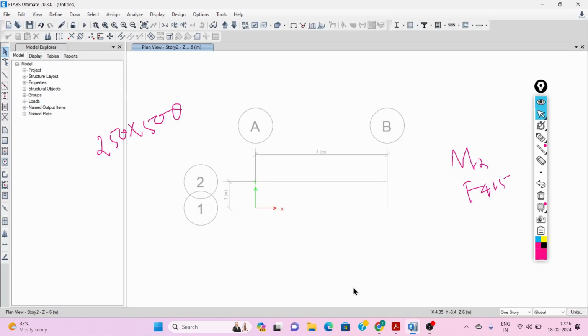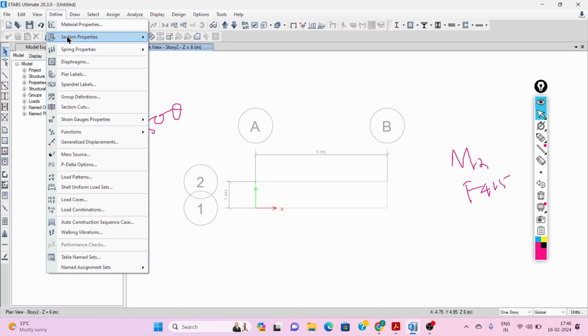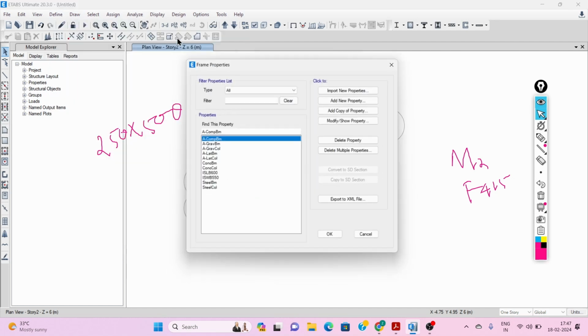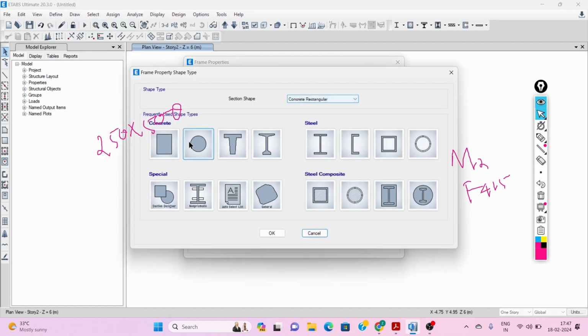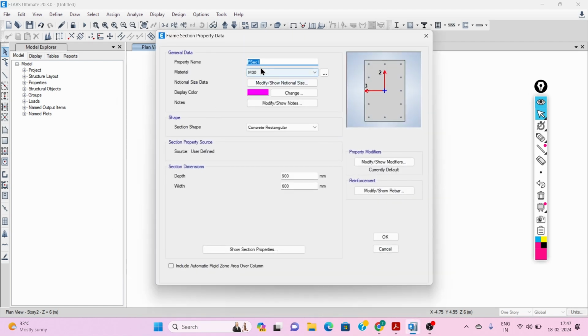Just go to define section property, frame section. Okay, here add new property, concrete rectangular. Just give the name like this, beam 250 cross 500. Okay, here material will be M20, depth is 500 and width is 250.